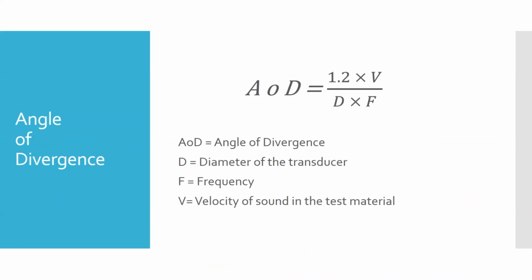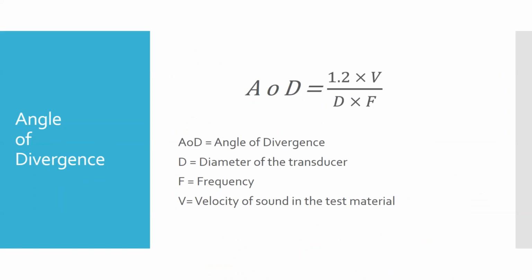The probe, the way it's been designed, is to work with a certain frequency, right? So before, we said we could run it at a lower frequency, probably not going to hurt it, but if we run it at a lower frequency, what's going to happen to the angle of divergence here? It's going to cause a larger angle of divergence because it's below the divisor line.